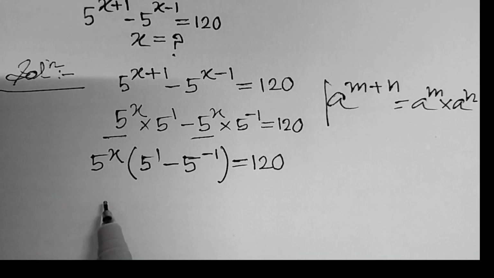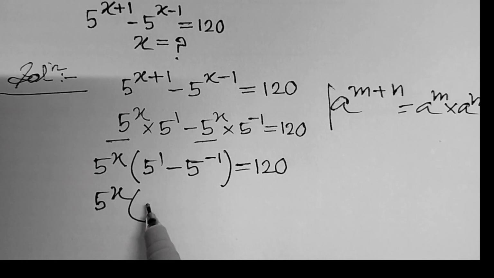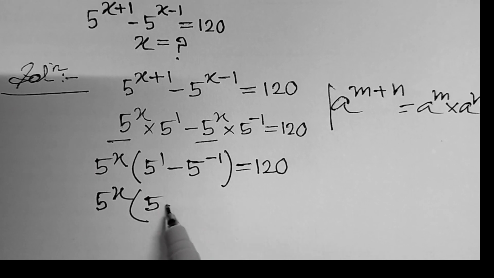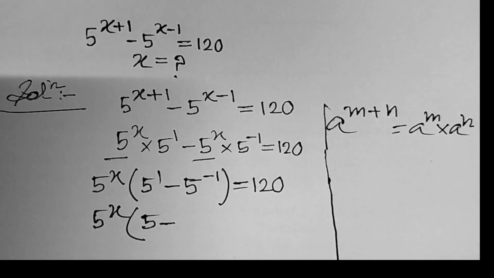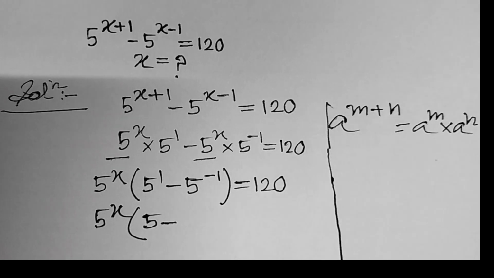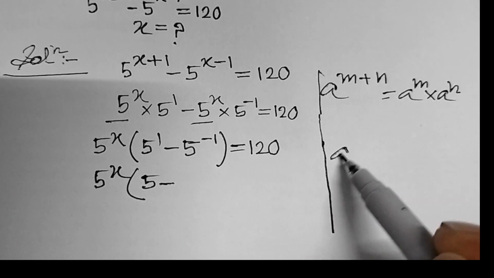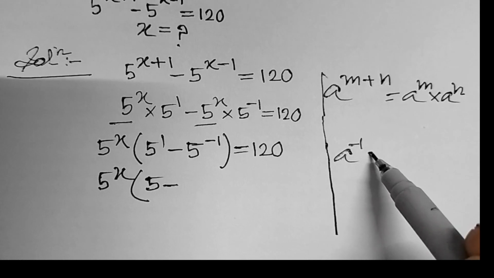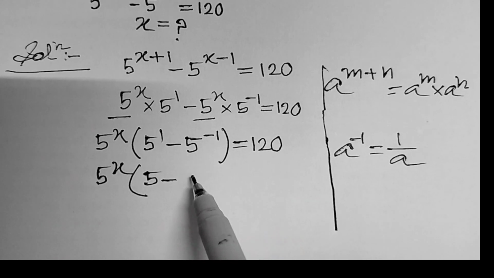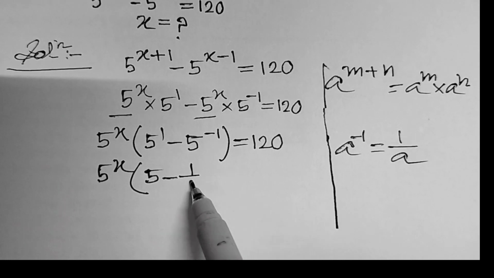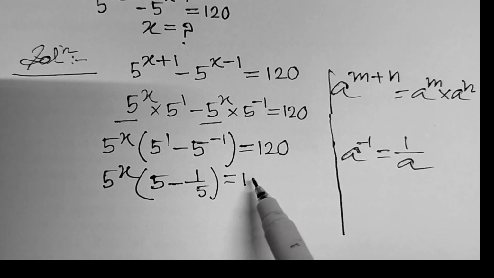Therefore, 5^x times 5^1, that is 5, minus... again we know the formula a^(-1) = 1 over a. Therefore, 5^(-1) can be written as 1 over 5, equal to 120.